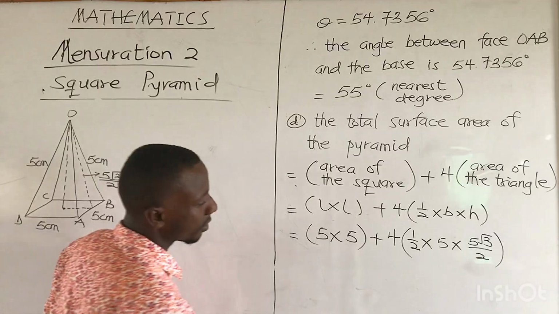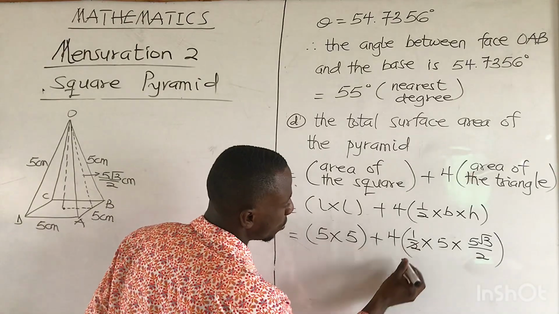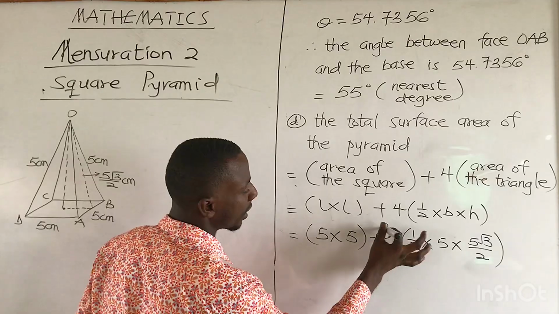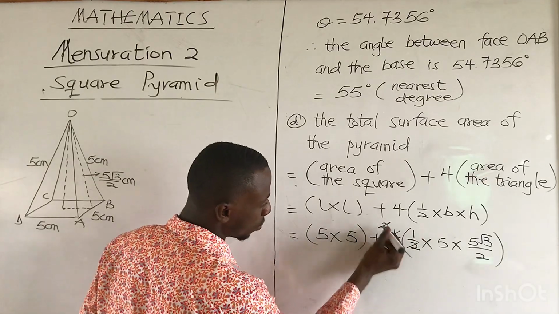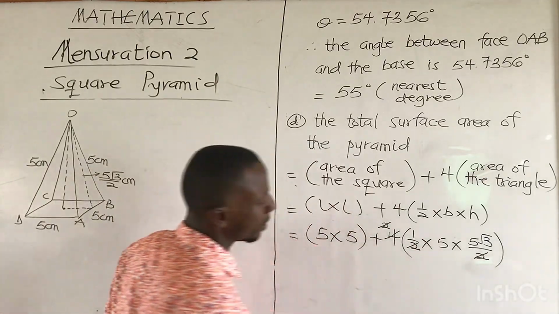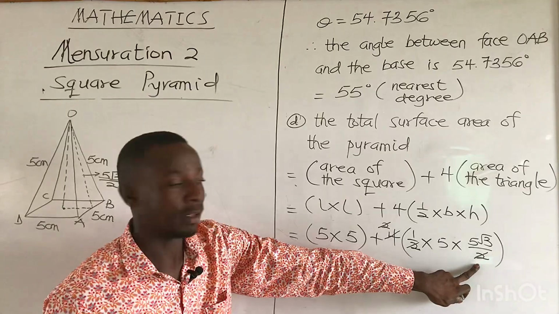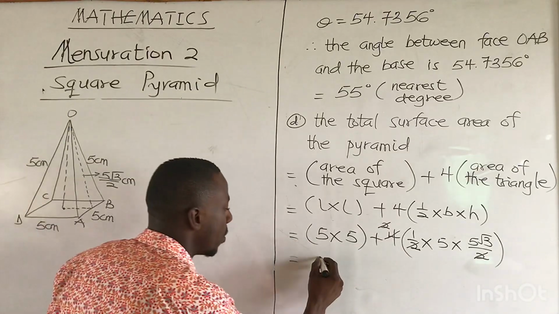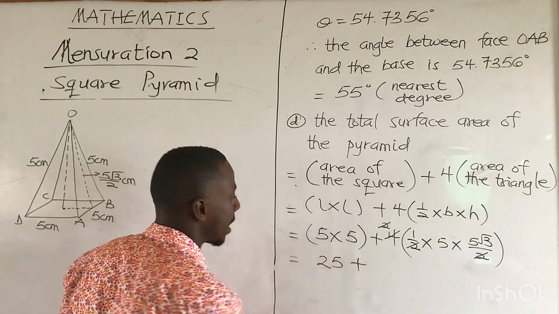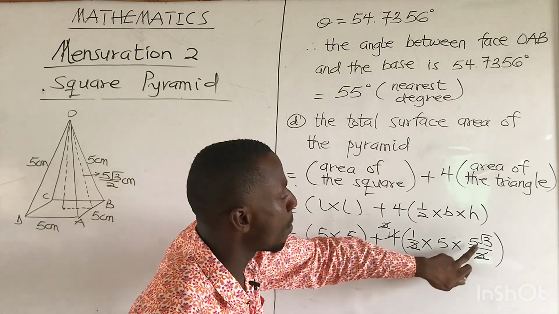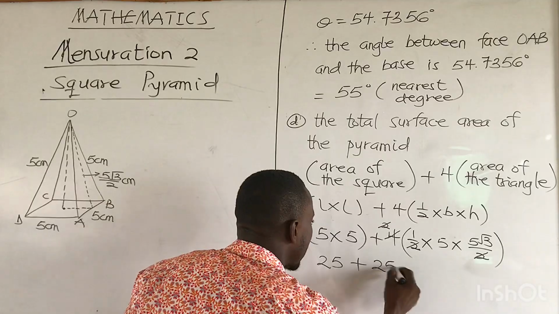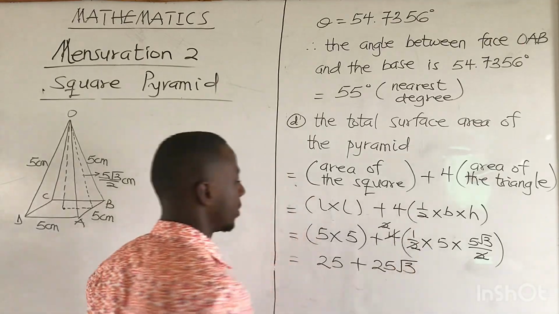So from here, these two can go into 4 two times. Then this same 2 can also cancel what we have here. So from here, 5 times 5, we have 25 plus, then 5 multiplying 5 root 3, we have 25 root 3.